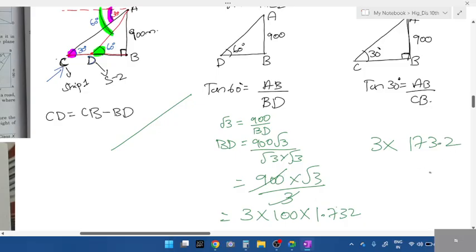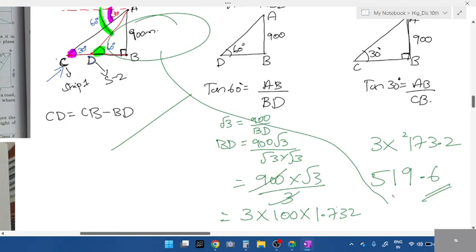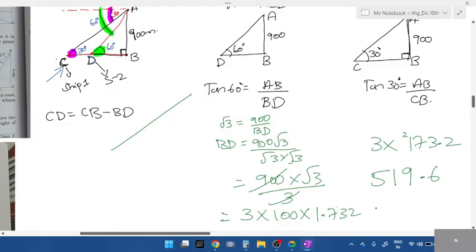Multiply this by 3 and you get 519.6 meters. The unit is meters. So this also should be in meters, students. This is how you calculate.